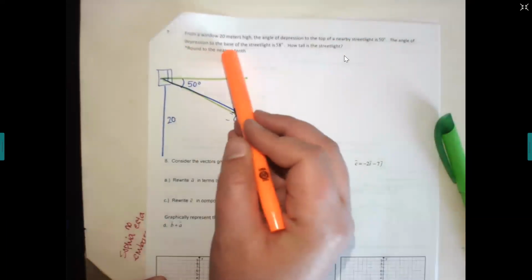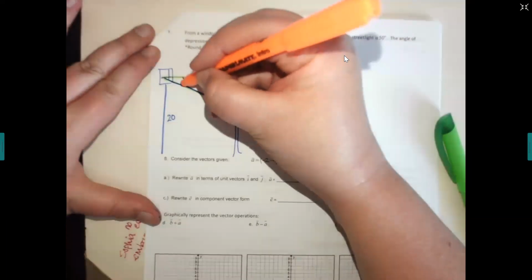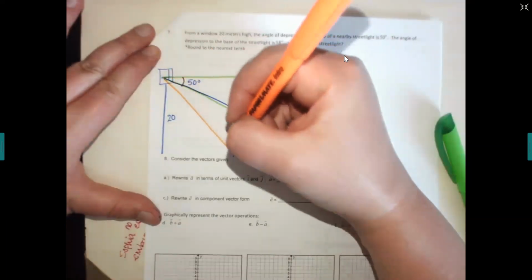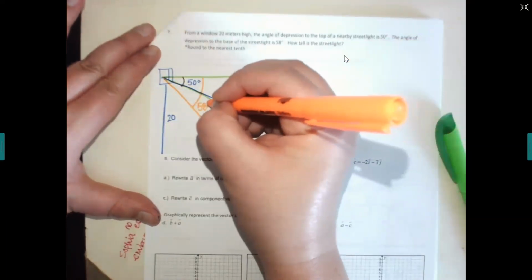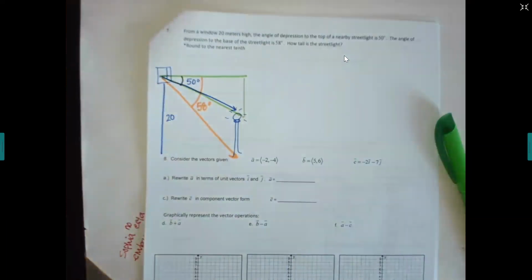So then it says the angle of depression to the top of the light is 50. And then it says the angle of depression to the base of the light is 58. So I want you to think about here to here is 50. Here to here is 58. Okay, that's what they just gave you.